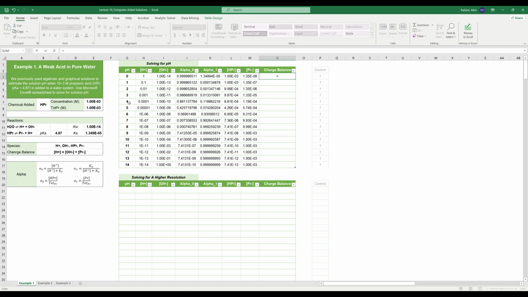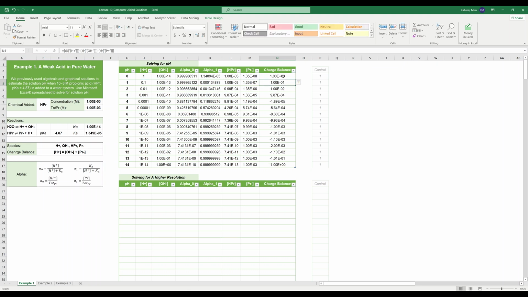That would be the pH that satisfies the charge balance. So let's do this: H plus minus OH minus minus PR minus.